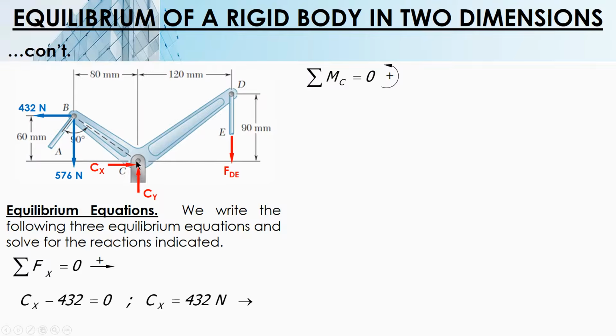Make sure that all dimensions and distances are ready for the computation of moments. For FDE, the perpendicular distance to C is 120. For the 576, the perpendicular distance is 80. And for 432, the perpendicular distance is 60.